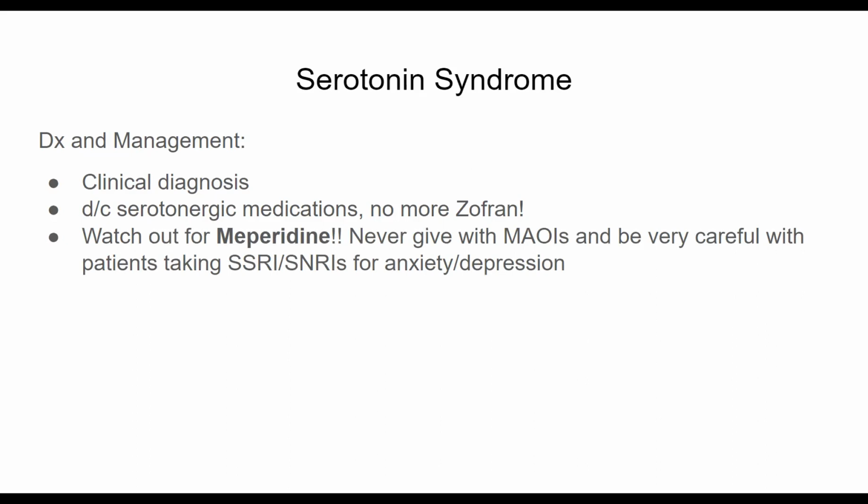So classically, if someone's on an MAOI, which is an older antidepressant that we don't see as often, we should really try to avoid meperidine. And I think this is a good plug: if someone's really shivering and shaking, that's what we jump to meperidine for. But if they have any psychiatric diagnoses and are taking these medications, we should think twice about meperidine, because it can lead to this.